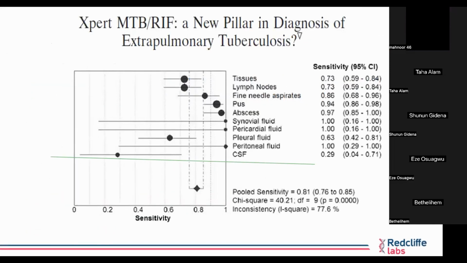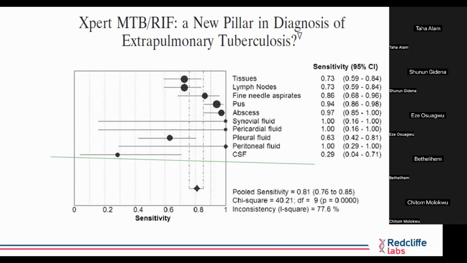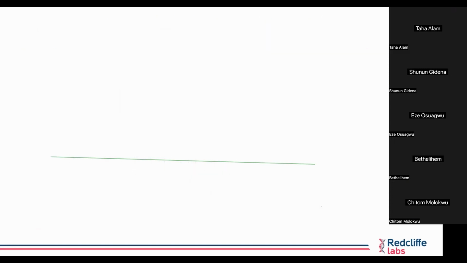In India, our colleagues from Hinduja Hospital had carried out an investigation involving a number of samples like tissue, lymph node, fine needle aspirate, pus, abscess, synovial fluid, etc. And they found good results.